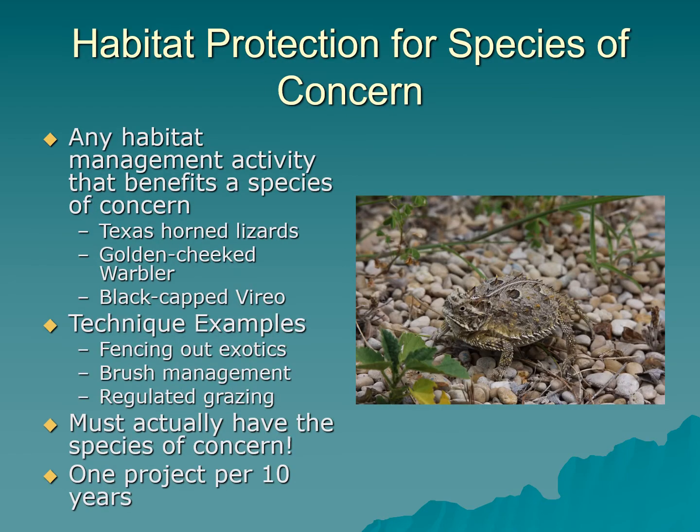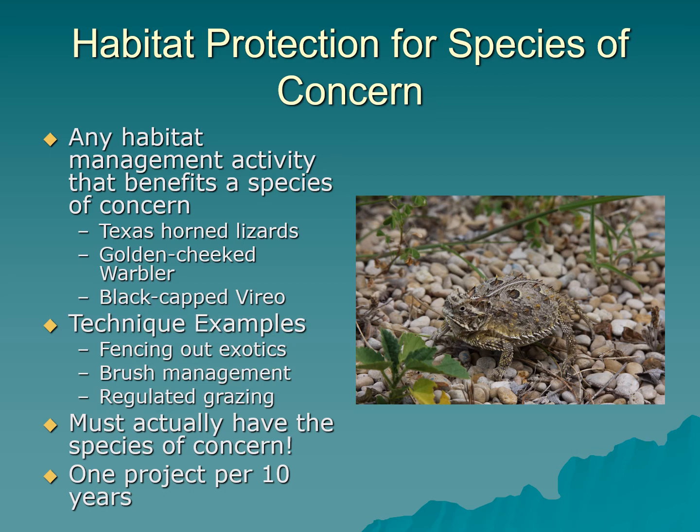Next, we have habitat protection for species of concern. So this is any habitat management practice or activity that benefits a species of concern, such as a Texas horned lizard, golden-cheeked warbler, black-capped vireo, threatened or endangered species most of the time. And some techniques could be fencing out exotic species, brush management, regulated grazing. Really, this is kind of a structured approach for a specific species.